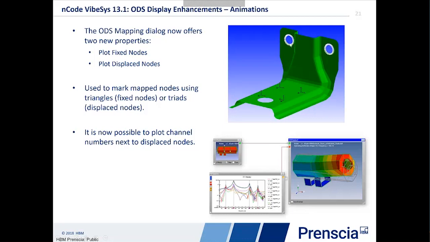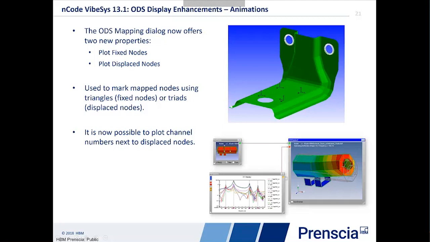So we can plot the nodes that are fixed by the user using triangles like that, showing that the node has been fixed, and using an arrow we plot where and in which direction the channel has been mapped. So that helps validating that the mapping has been done correctly.